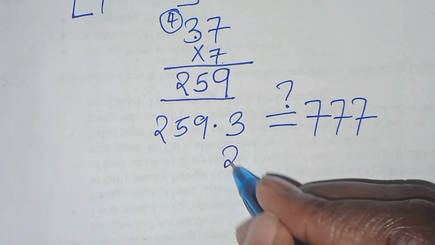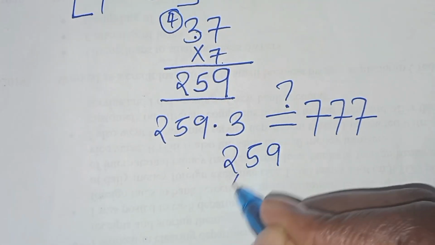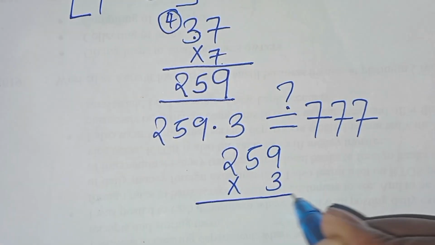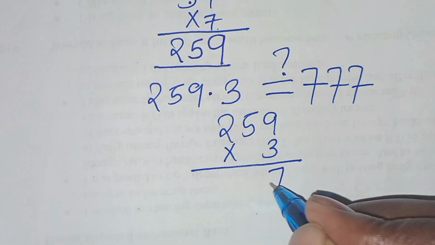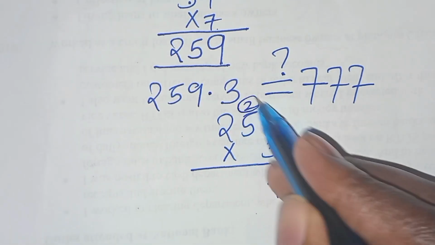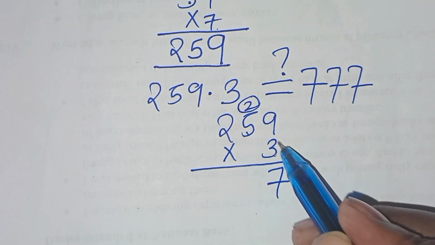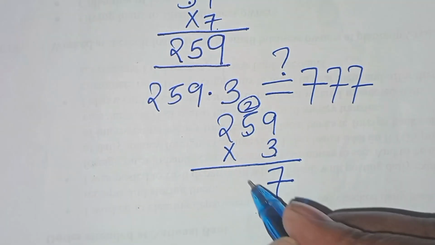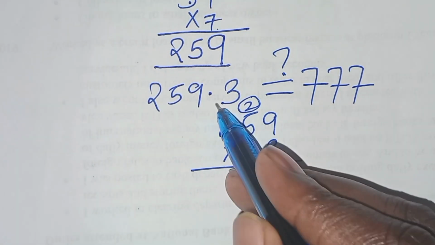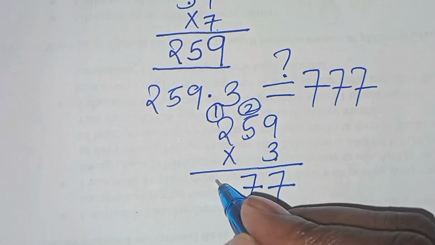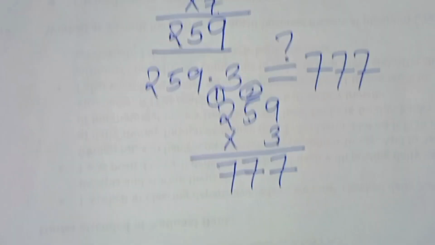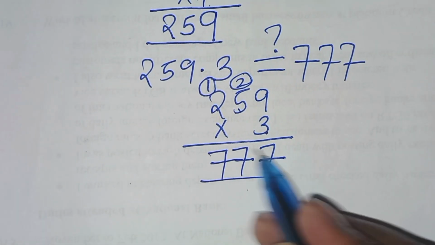Now we have 259 times 3. So here we have 9 times 3. This is 27. So 7 carry 2 here. Then 5 times 3 is 15 plus 2. This is 17. Carry 1 here. Then 2 times 3 is 6 plus 1. This is 7. So we have 777.